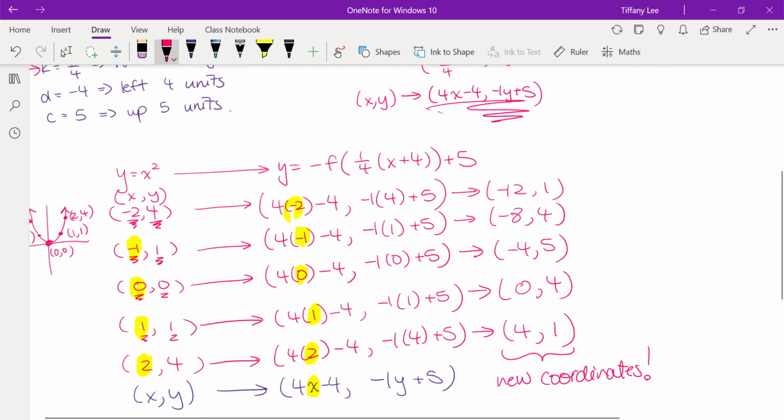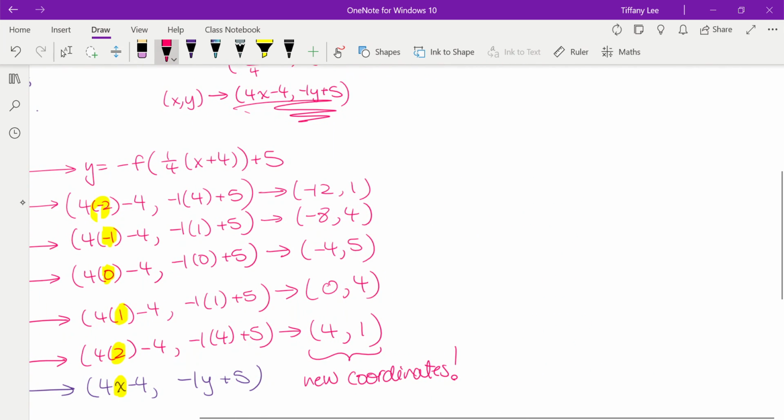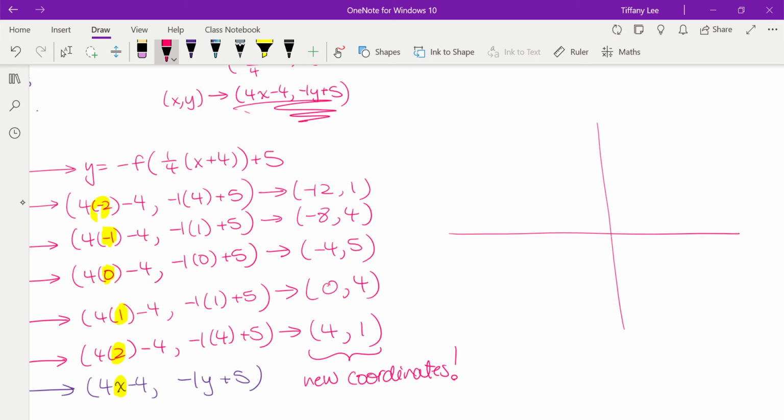And then just take those coordinates and graph it out. So this graph is obviously not going to be to scale. So don't judge me on my drawing. But we do know it should look like a parabola.